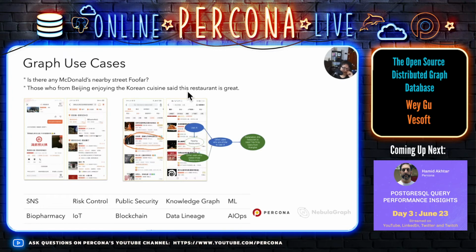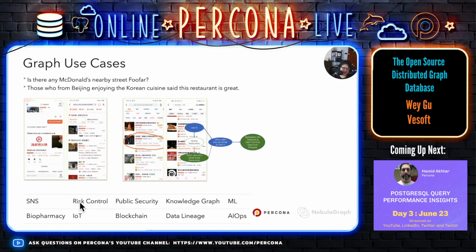So graph database excels and is proven in many use cases. For example, in social networks, in LinkedIn you will have some n-degree common users you may know, and this is underlying powered by graph.